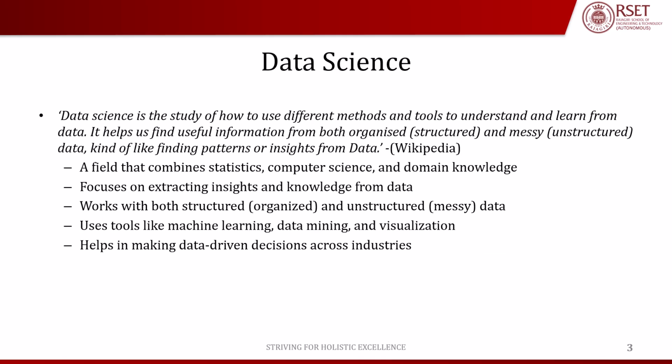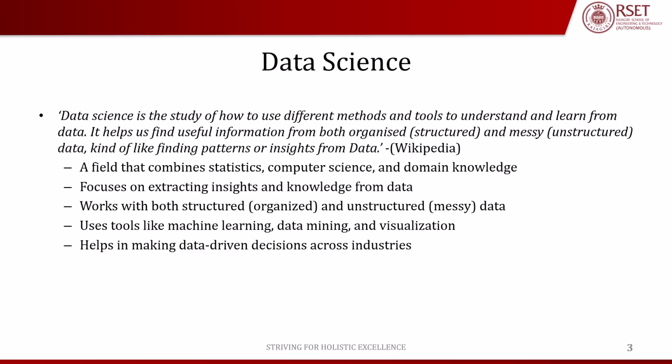So what do you mean by data science? Let's see what data science is in terms of Wikipedia. This is a small summarization of what Wikipedia tells about data science. It tells that data science is the study of how to use different methods and tools to understand and learn from data.